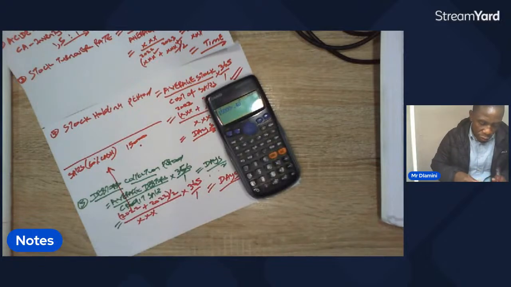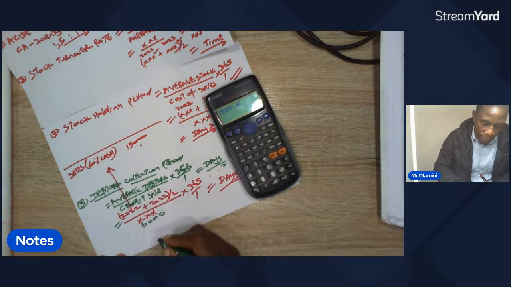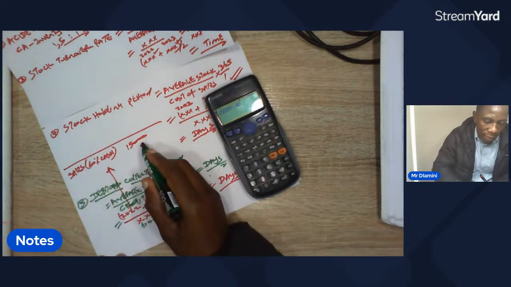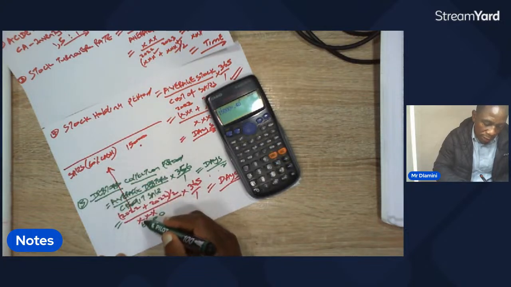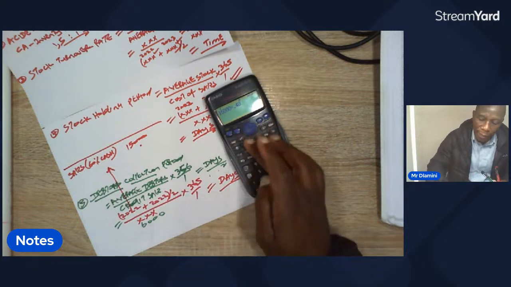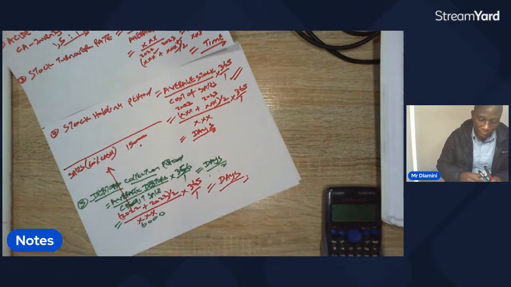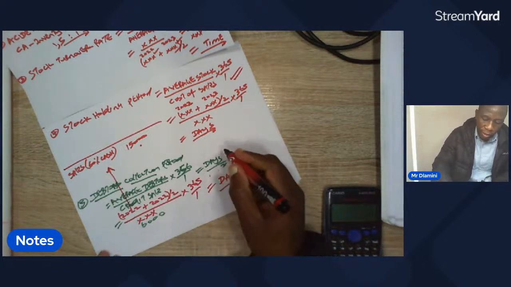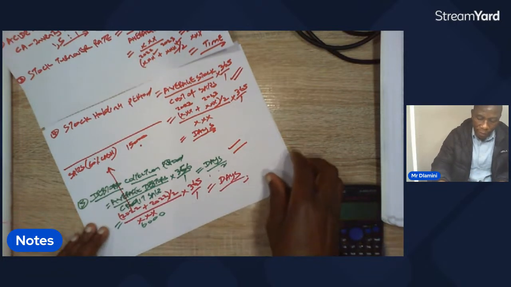So 6,000 is the credit sales the formula needs. It will not always be given straightforward. Then we calculate the debtors collection period.